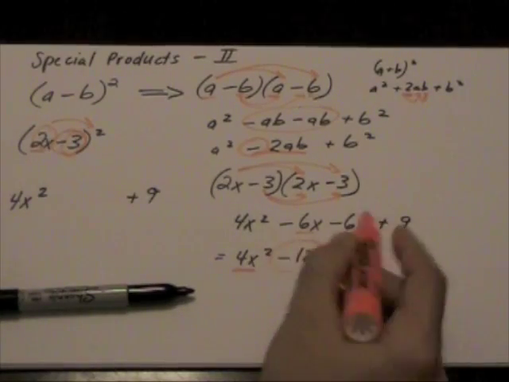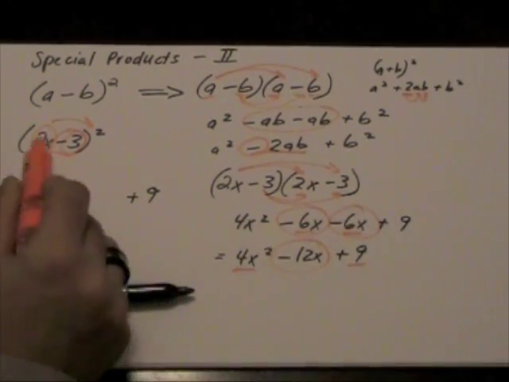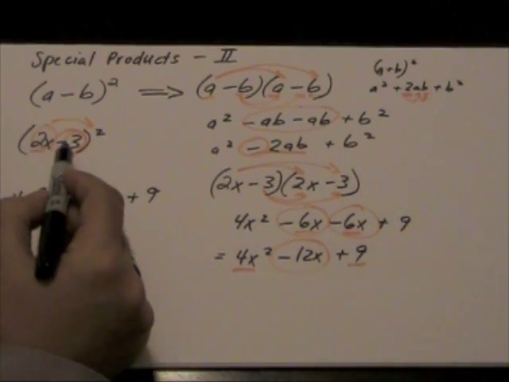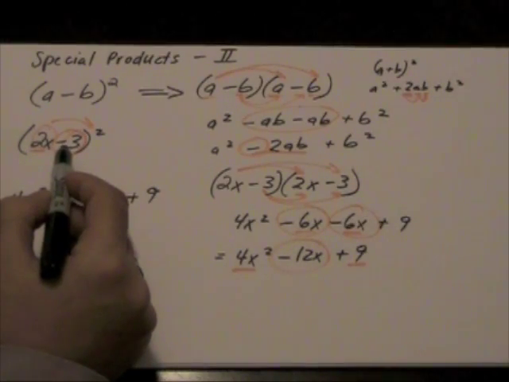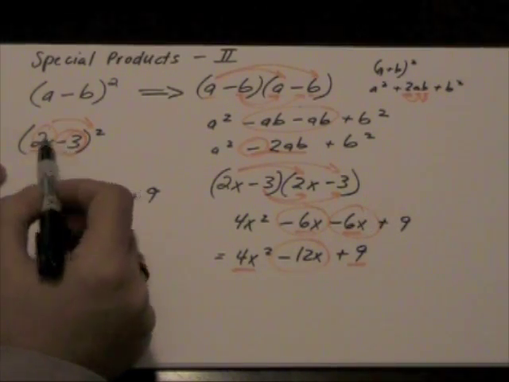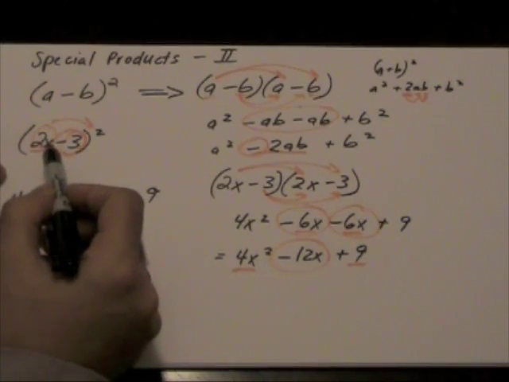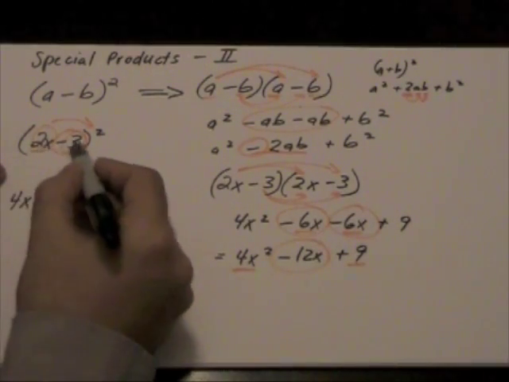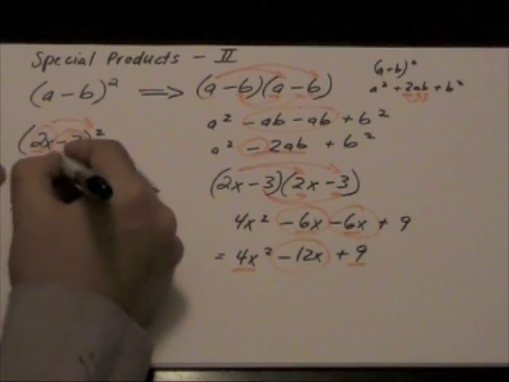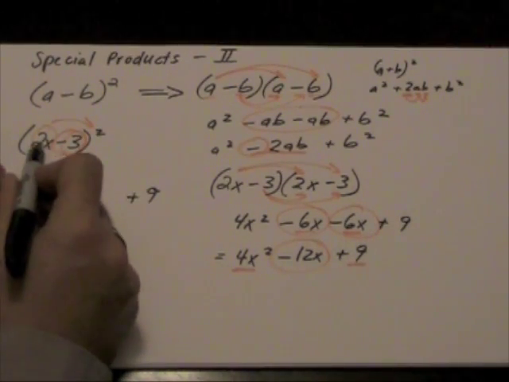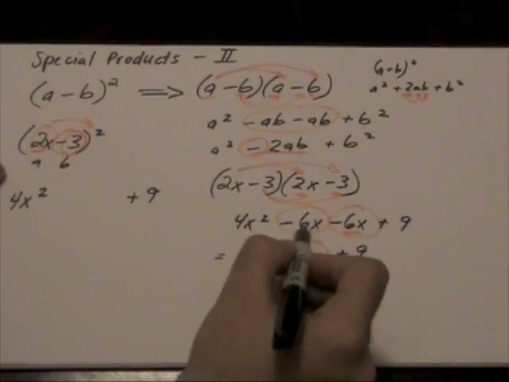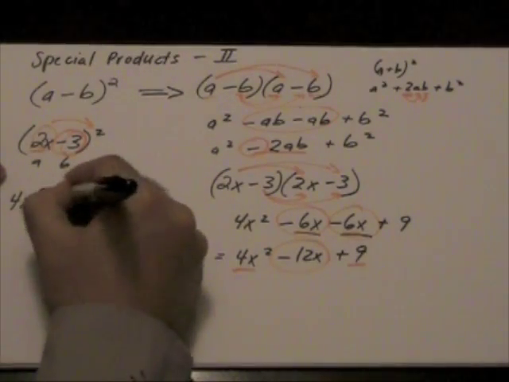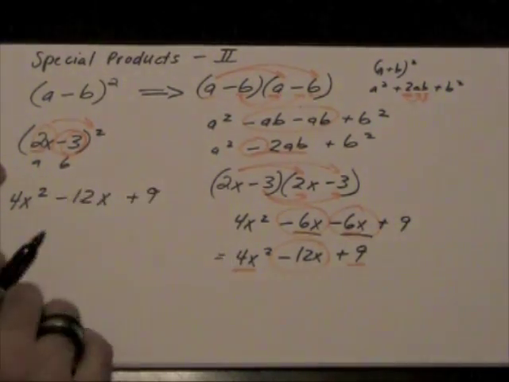This middle term is a combination of our inner terms being multiplied together. 2x times negative 3 will give me negative 6x, but there are two of them. We get negative 6 by multiplying A times B. This is our A, this is our B. We multiply 2x times negative 3 to get negative 6, but there are two of them, so we multiply that by 2 to give us negative 12x.